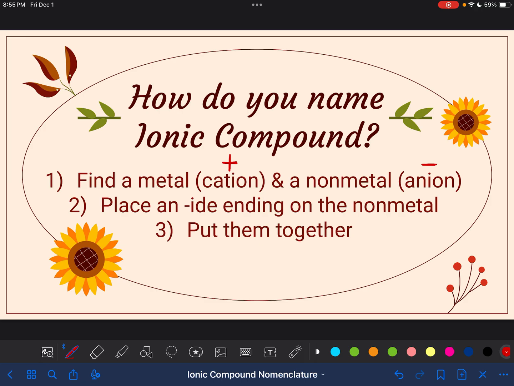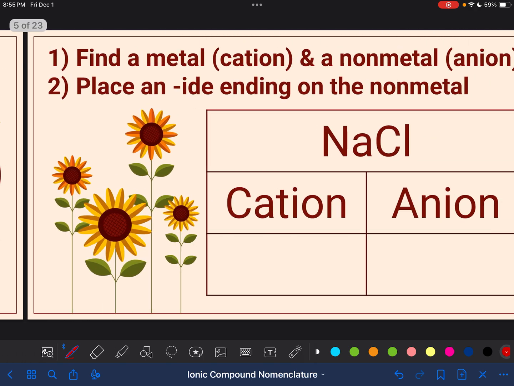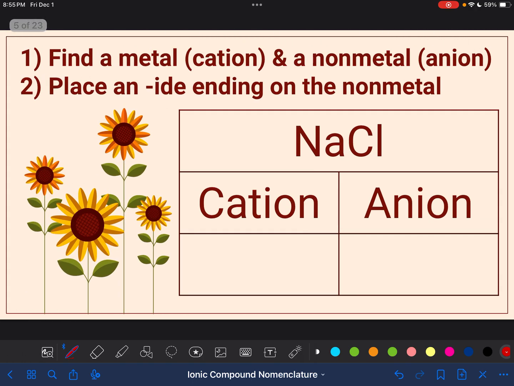Number 2, place an IDE ending on the nonmetal. IDE, nonmetal. Very important, very crucial for this lesson. And last but not least, put them together. So without further ado, let's go over and try out some examples.